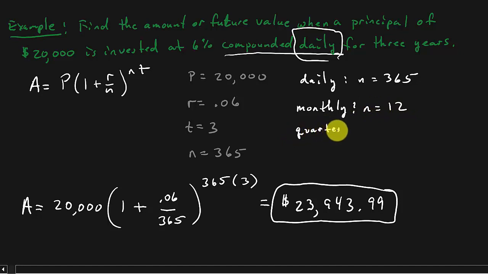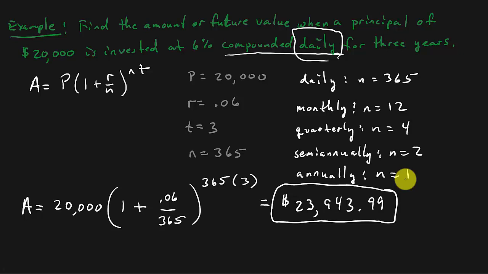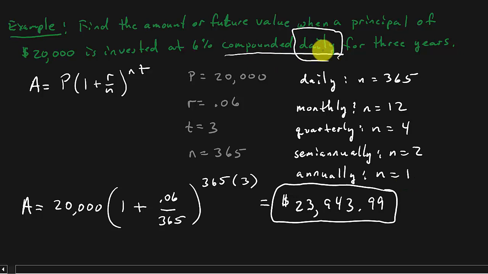Quarterly, N would be 4. Semi-annually, N would be 2. And annually, N would be 1. Okay, so based on that, you should be able to work any problem that they give you with this compounded whatever. Whichever one it is, that's what N is.